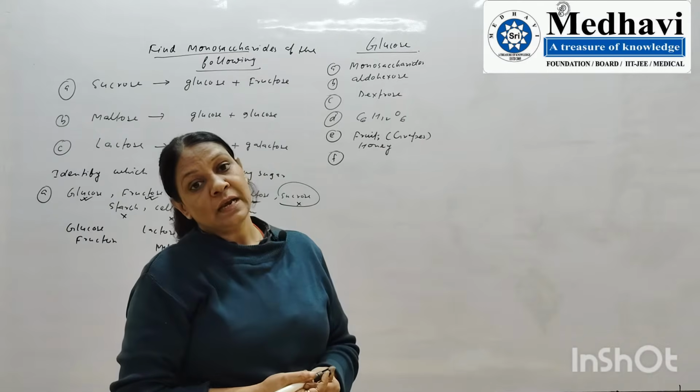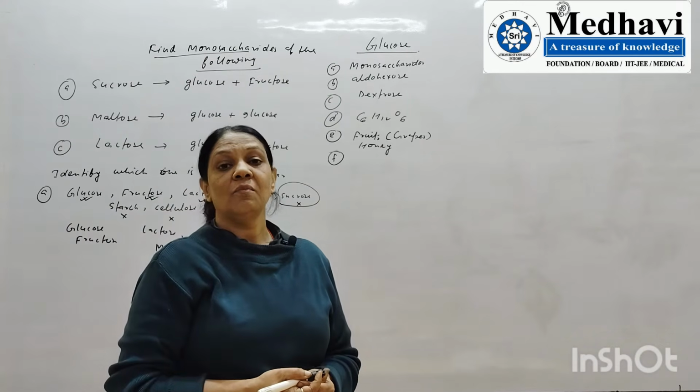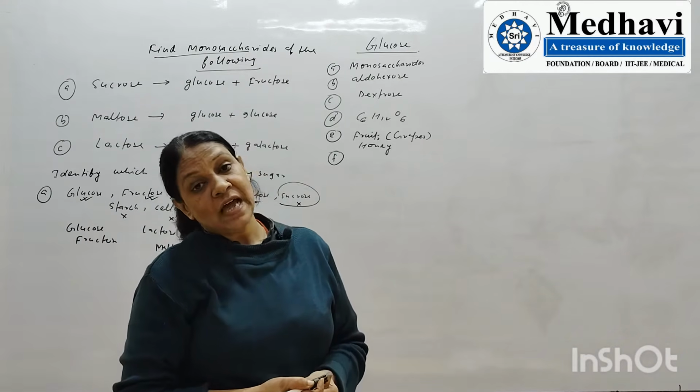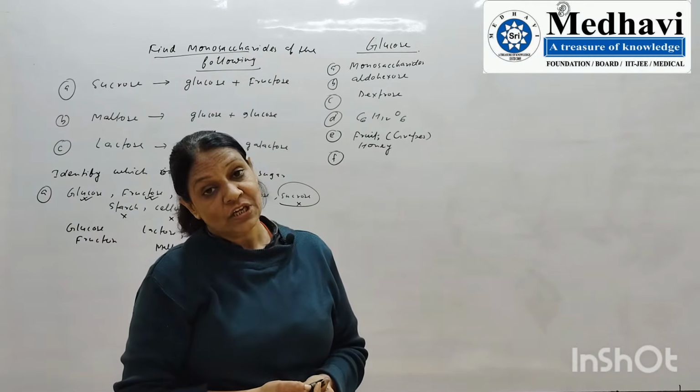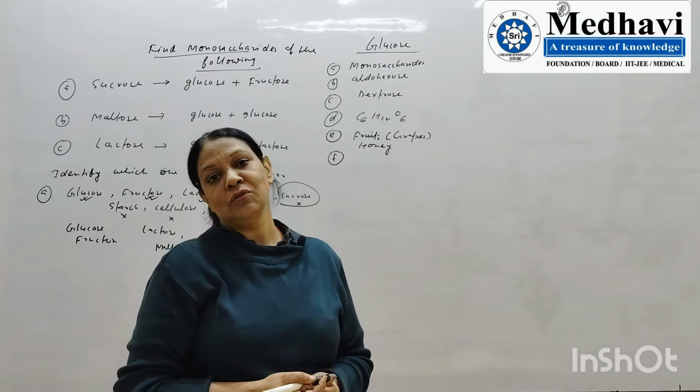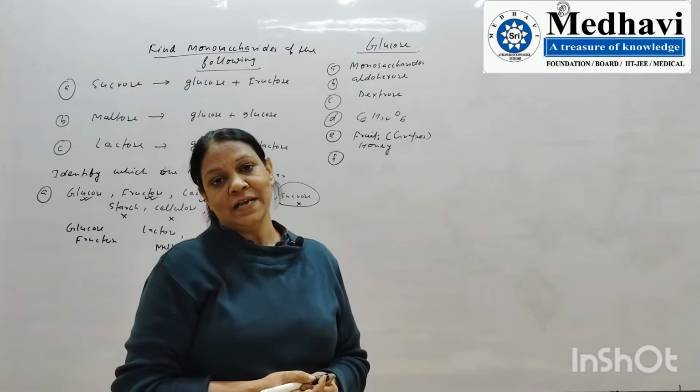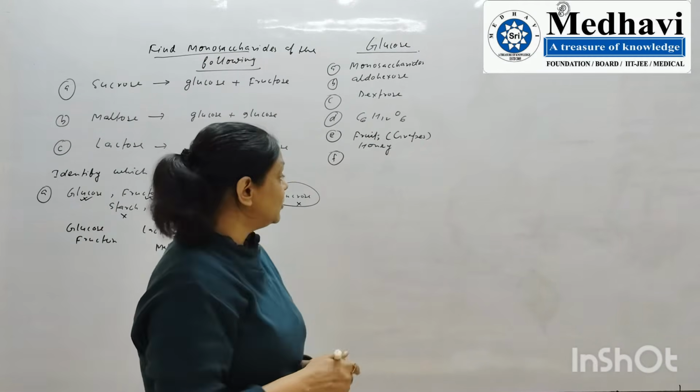Plants produce carbohydrates in the form of glucose. That glucose is stored in the form of starch. So animals use that carbohydrate in the form of starch.